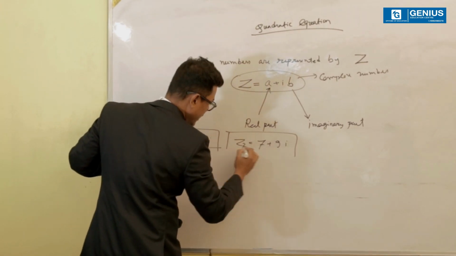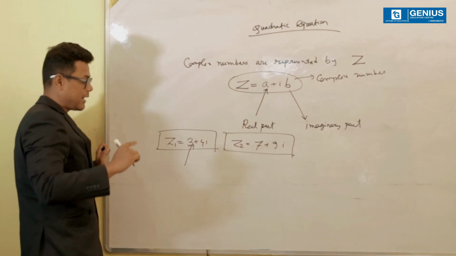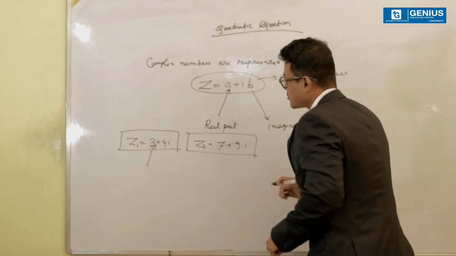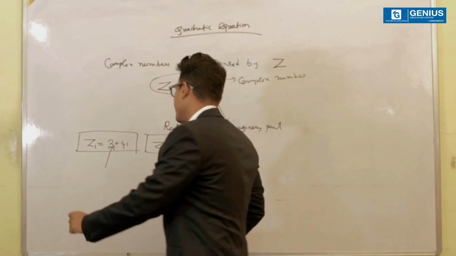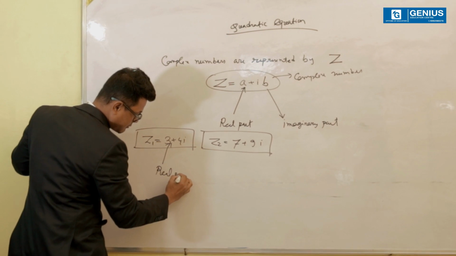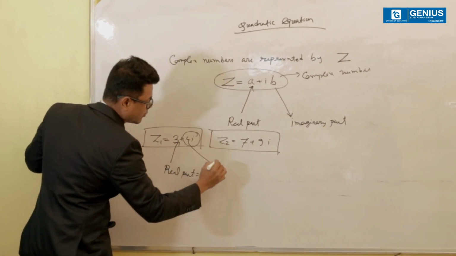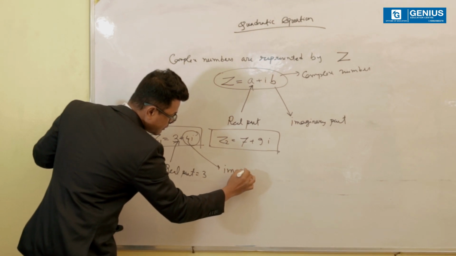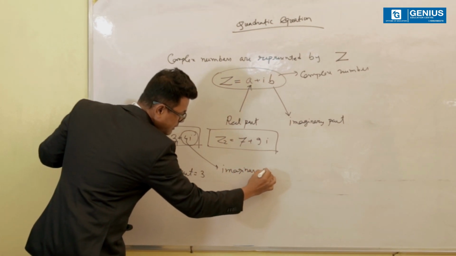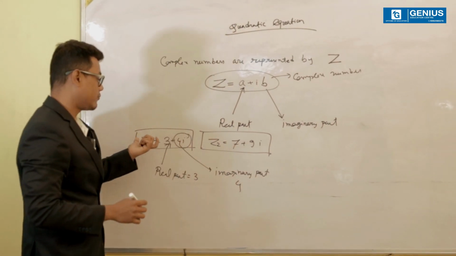Simple complex numbers where the real part will be this 3. If you are asked what is the real part of this complex number 3 plus 4i, the real part will be 3, and the imaginary part will not be 4i but 4. Imaginary part is 4. So real part is 3, imaginary part is 4.